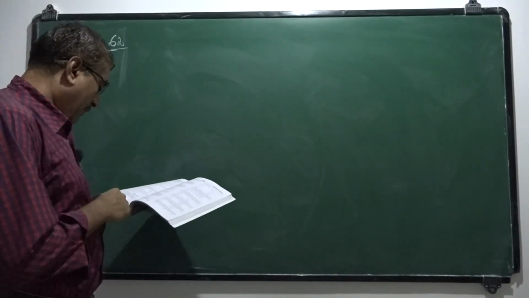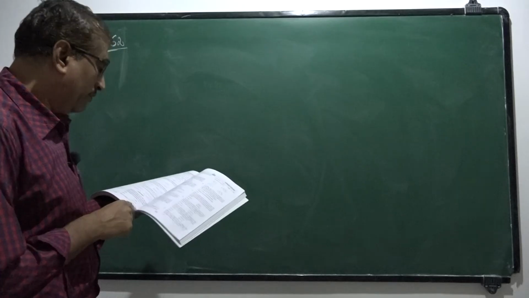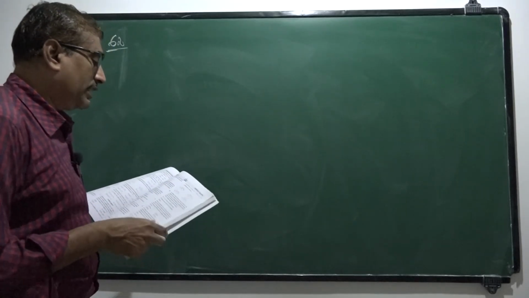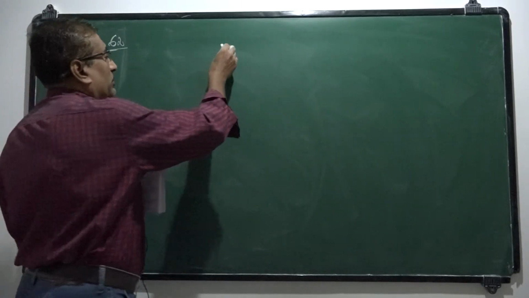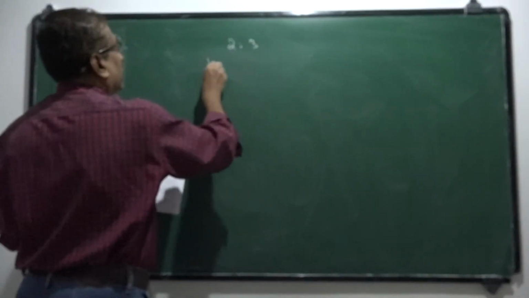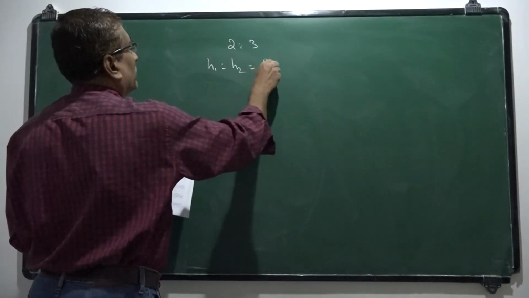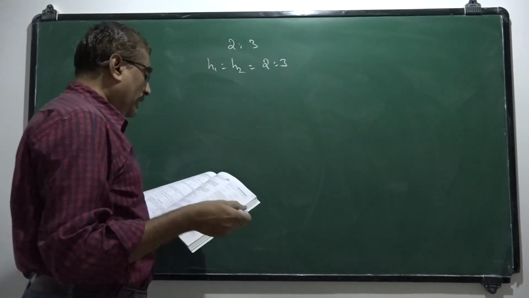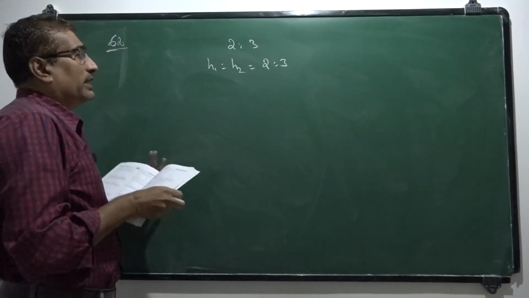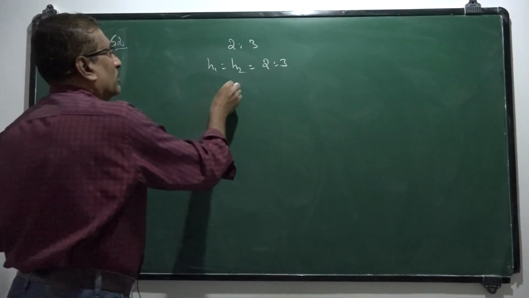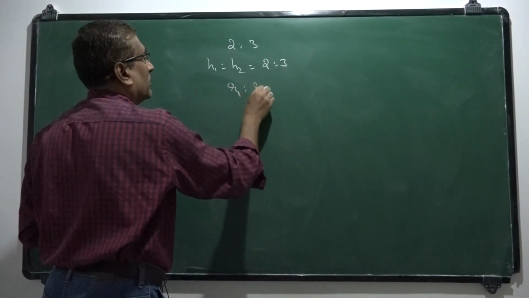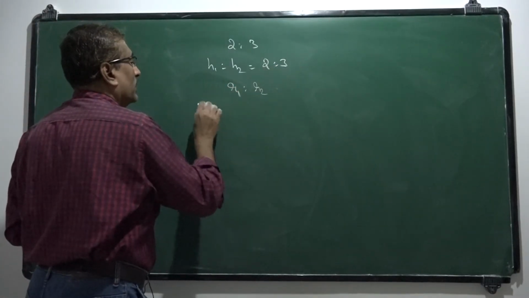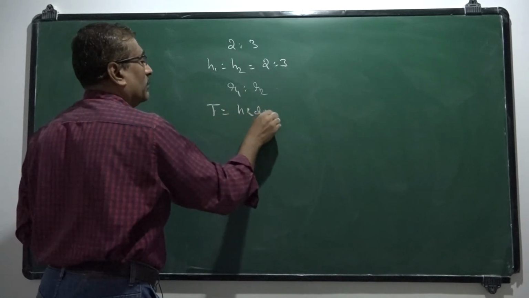Now the problem is when two capillary tubes A and B are immersed in water, heights of water columns are found to be in the ratio 2:3. That means h1 is to h2 is equal to 2:3. Then the ratio of radii of the tubes. That means in the same liquid, density is same, and same place. So you have to find radii r1 is to r2. We have the same formula, T equal to h r d g by 2.